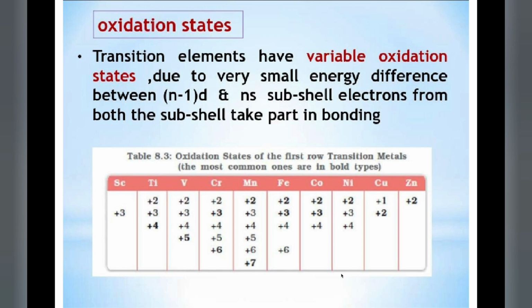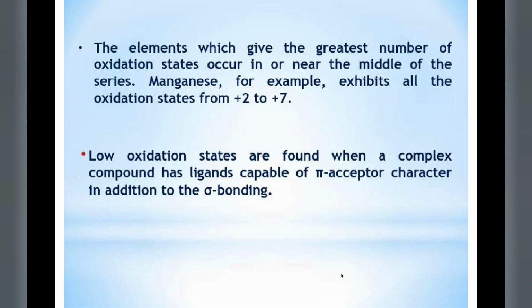For Sc it is only +3, titanium shows +2, +3, +4, like that. V +2 to +5, Cr +2 to +6, Mn +2 to +7, Fe +2 to +6. There is no +5 for iron. Co is +2, +3, +4, nickel is +2 to +4, copper is +1 and +2, and zinc is +2.